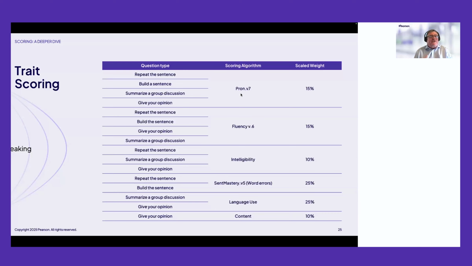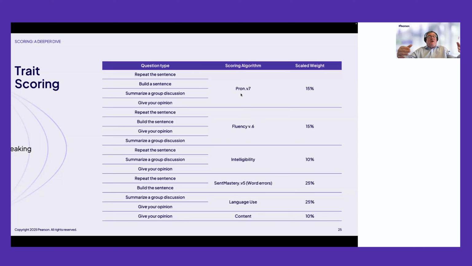We have a lot of information from those different items. But also we can look at accuracy, we can look at appropriacy, and we can look at content. And these have different weightings, and those weightings again come from our understanding of the pre-testing and how the pre-testing worked and which of the different elements are important in making up the speaking skill.